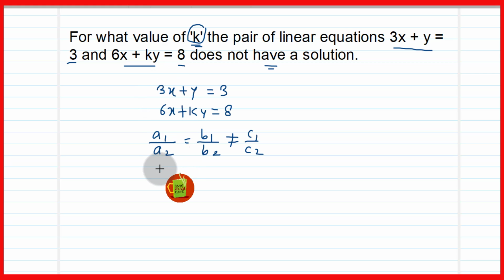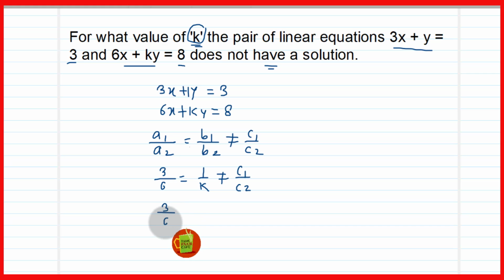So here a1 upon a2 will be what? 3 upon 6, which is equal to b1 upon b2. b1 is a coefficient of y. Here there is nothing, it means there is 1. So it will be 1 upon k, which is not equal to c1 upon c2.